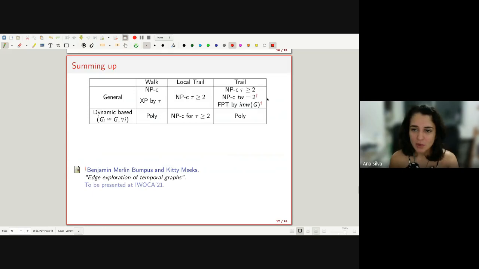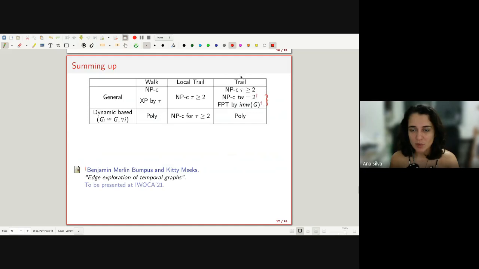These two results were obtained by Bumpus and Meeks, and actually this was the best paper award at IWOCA, so I recommend you also take a look at their presentation. Of course, they proved other stuff, but in order to combine well with our results, to fit well in this table, I'm citing just these two results.